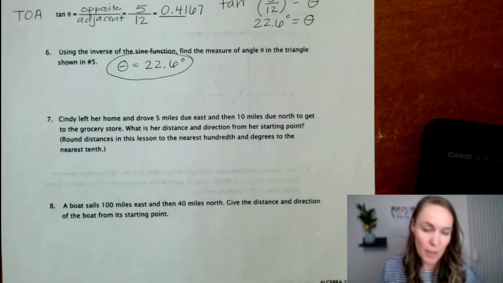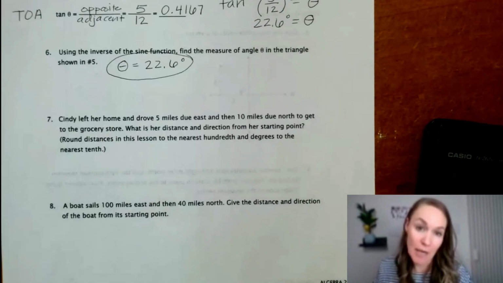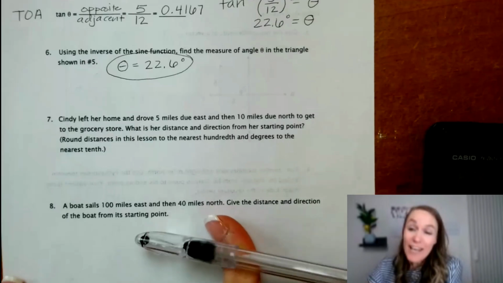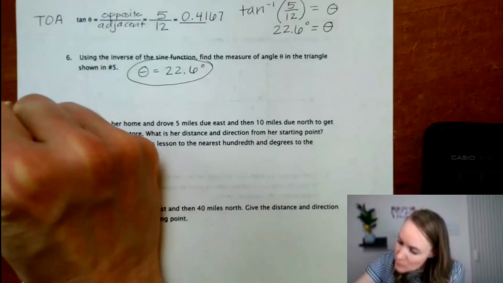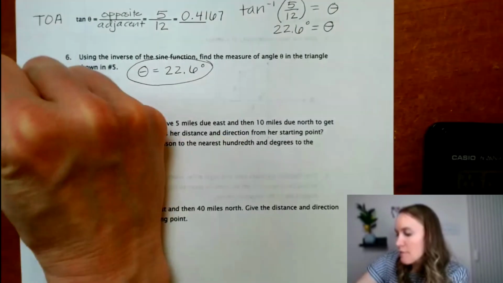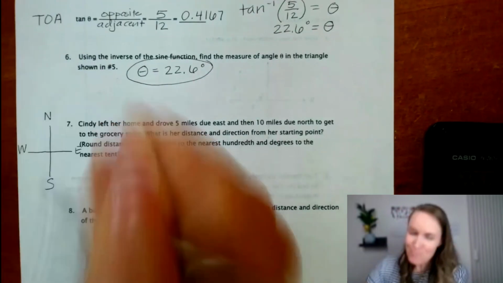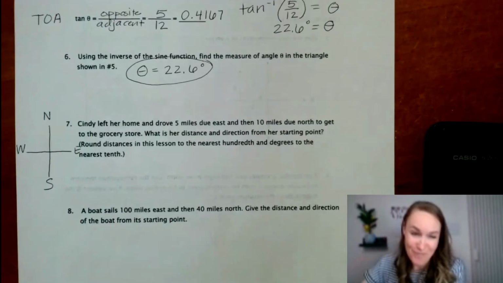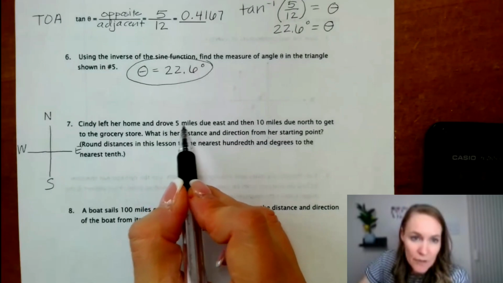Cindy left her home and drove 5 miles due east and then 10 miles due north. Let's go ahead and graph that. So never eat shredded wheat is another memory trick that we can use. So she left her home, drove 5 miles due east.